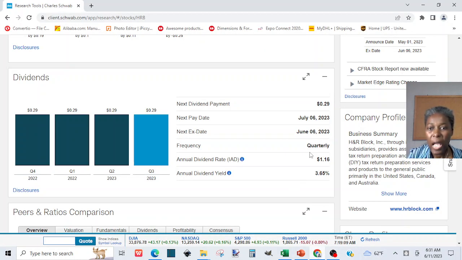And for that reason, later down the road you can intentionally invest in certain companies to increase how much dividend income you are earning in a particular month of the quarter.